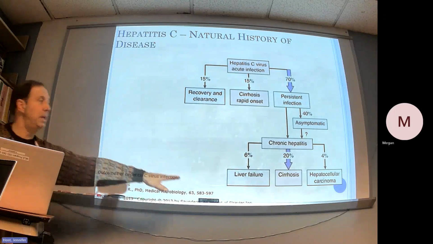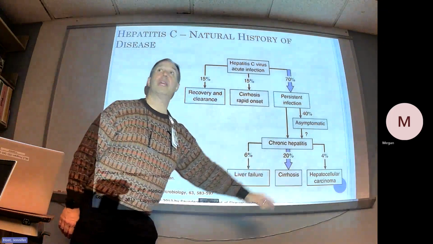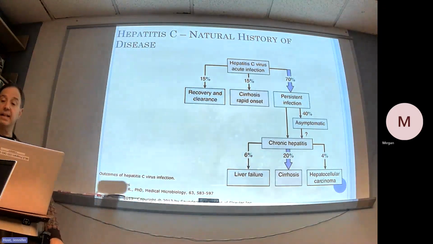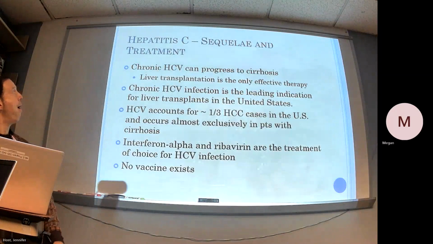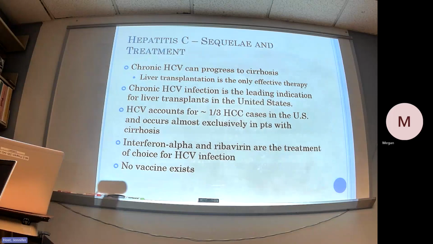And as such, it may peter out such that it puts down a scar and it can't make another cell. That's the problem of chronic infections. Cirrhosis and further on. And so we can treat, but there is no vaccine.